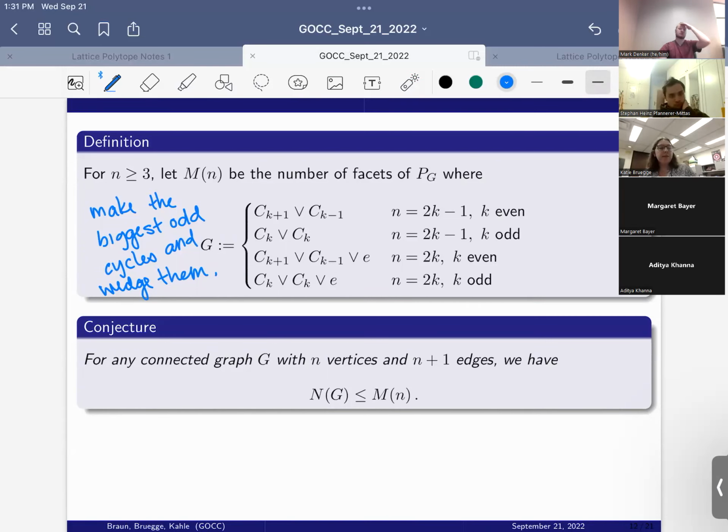We do have proof for this conjecture in some cases. So this holds for graphs with two edge disjoint cycles.